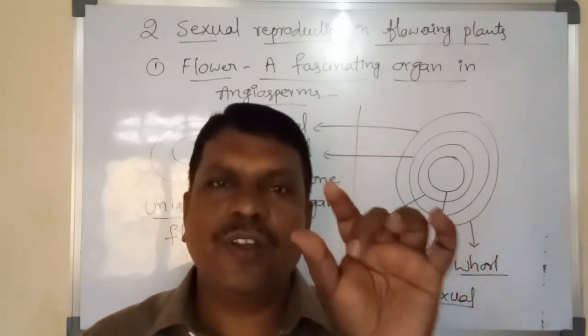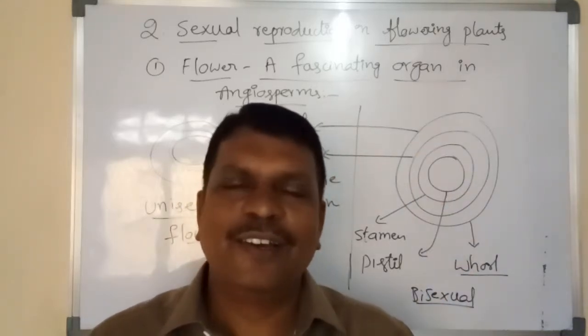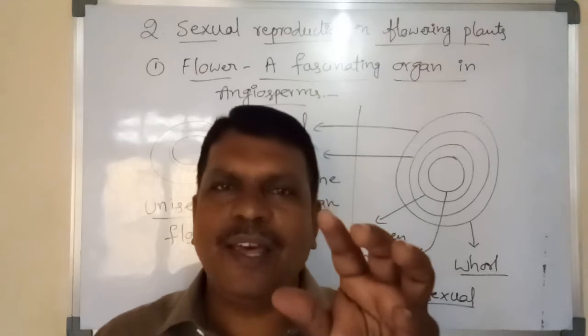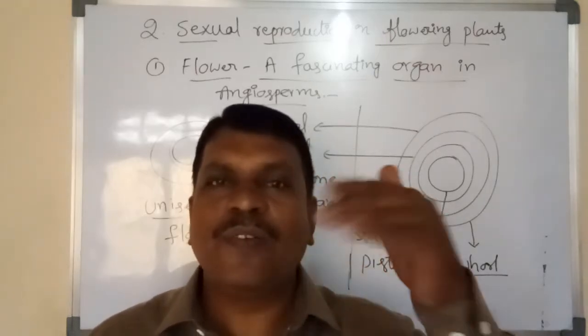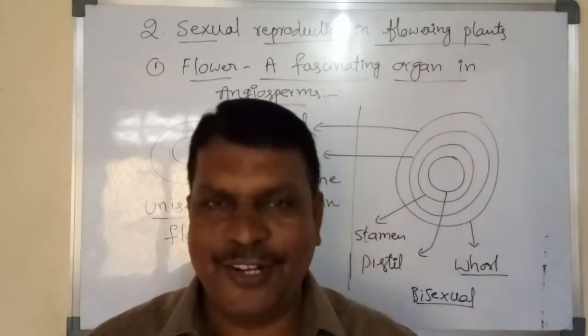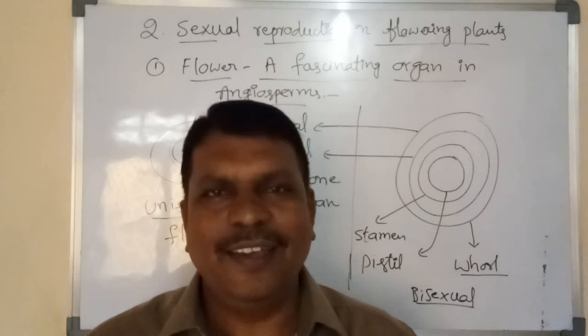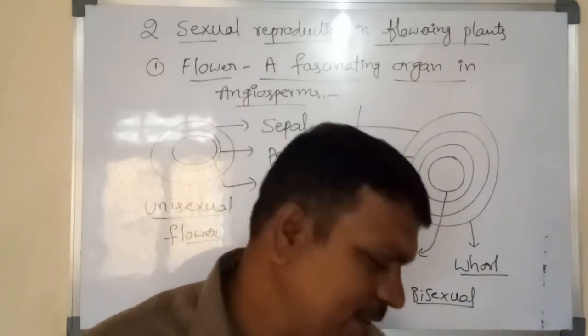Hence, the study of flower is known as botany. But what is floriculture? Floriculture is a branch of biological science dealing with the study of flower yielding plants. Study of flower producing plants. That is called floriculture. Okay, understood now?